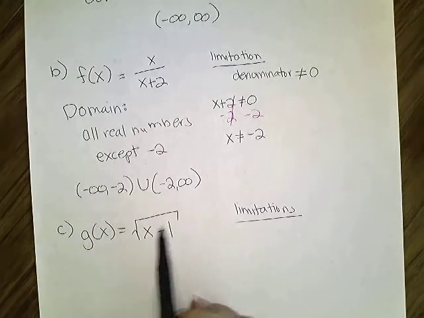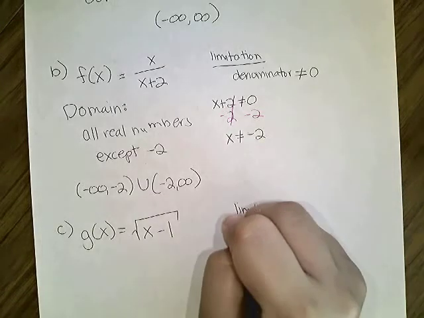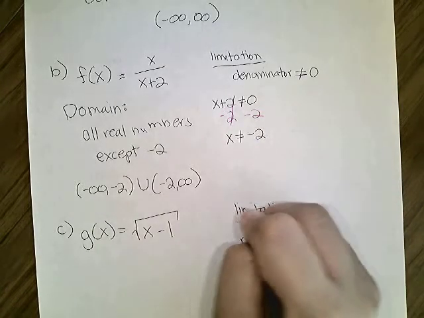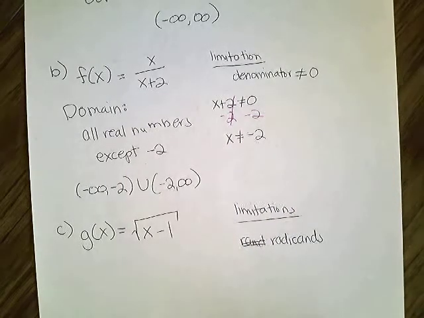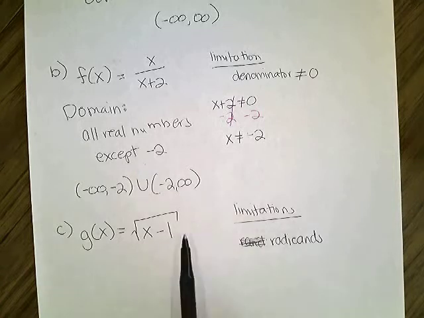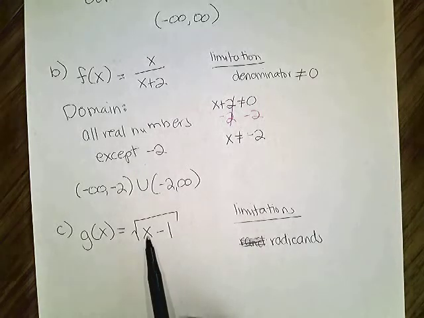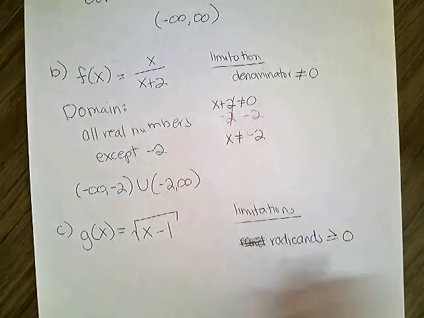And I know that what's underneath the square root, which is called the radicand, has to be positive or 0, which means it has to be greater than or equal to 0.